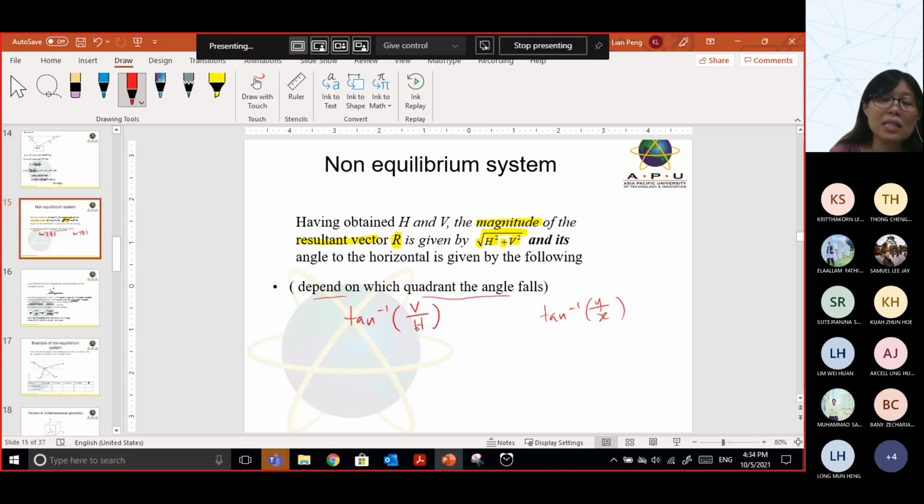So I will suggest you not to put the sign as usual. After you calculate the basic angle first, then you calculate accordingly, following which quadrant of the vectors that you have. Okay, so please take note.